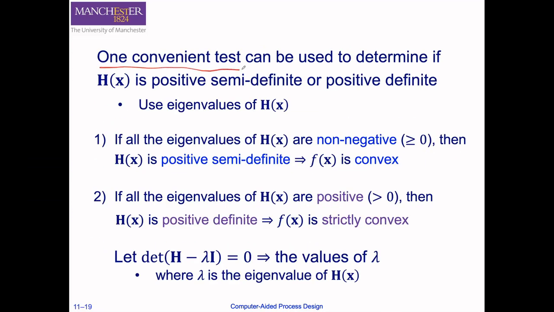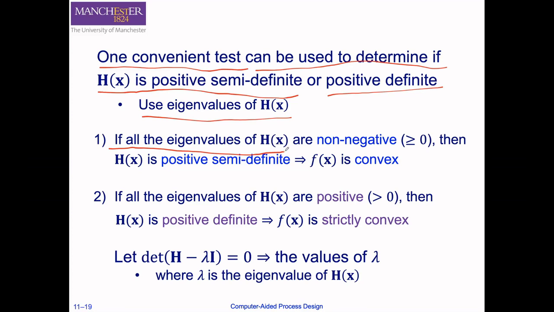There is one convenient way that can be used to determine if the Hessian matrix is positive semi-definite or positive definite. In this approach, we use the eigenvalues of the Hessian matrix. That is, if all the eigenvalues of the Hessian matrix are non-negative, that is, all eigenvalues are greater than or equal to 0, then this Hessian matrix is positive semi-definite.